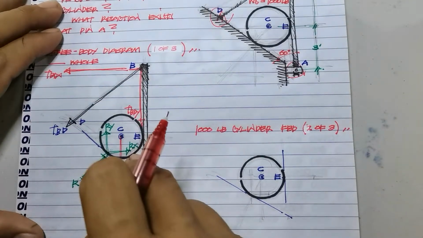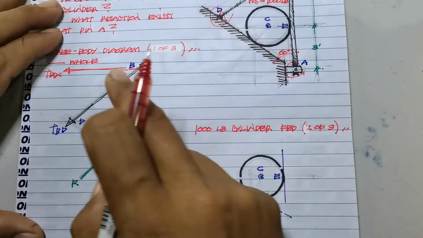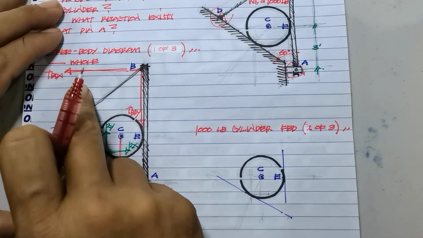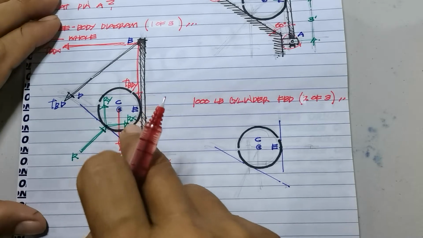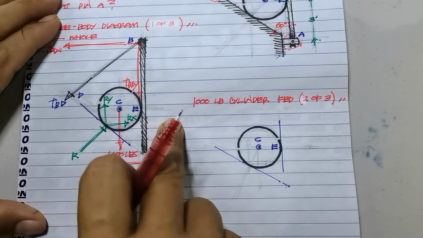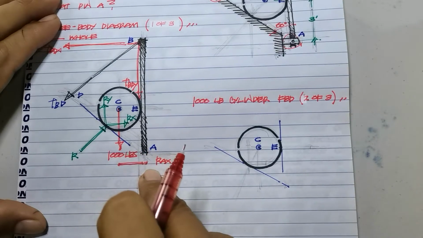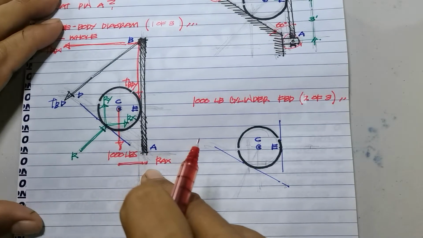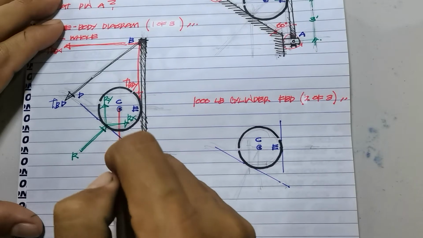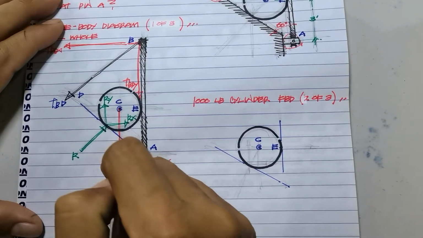Now, kung titingnan natin yung configuration natin dito, at one end, meron tayong reaction directed to the left. And then, almost at the middle, meron tayong horizontal reaction towards the right. So, most probably, mas mataas yung chances na yung RA of X natin is going to the left.